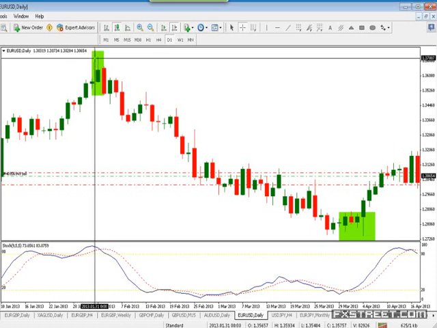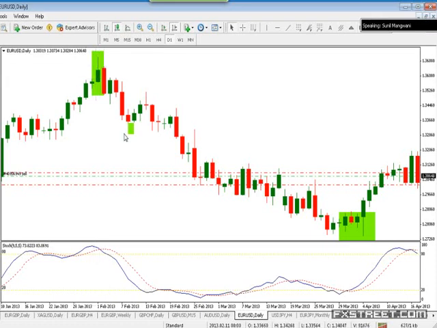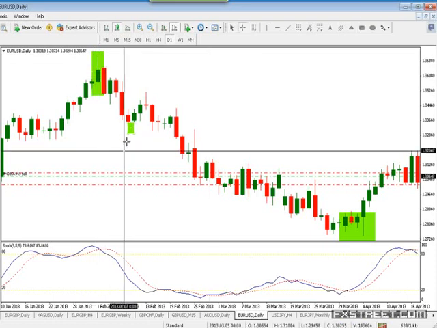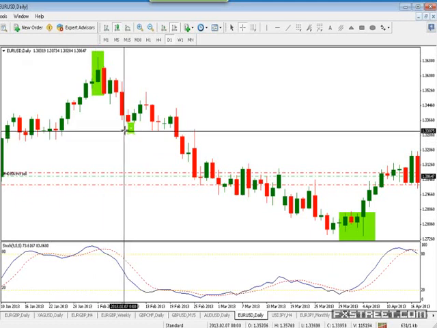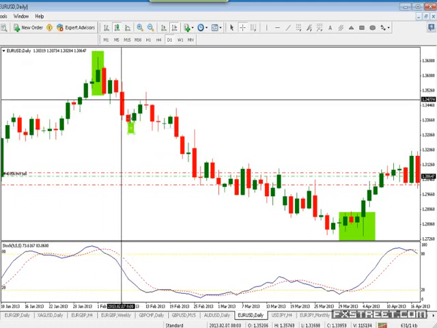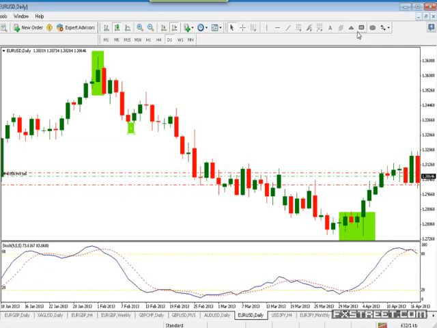I'm going to take it down over here. Right? This is a bullish fractal because it has a low which is lower than the low of the previous bar and lower than the low of the next bar. It's kind of a V shape. Similarly, when price moved down, or pulled back, you can call it a pullback, this is also a fractal. This is a bearish fractal.